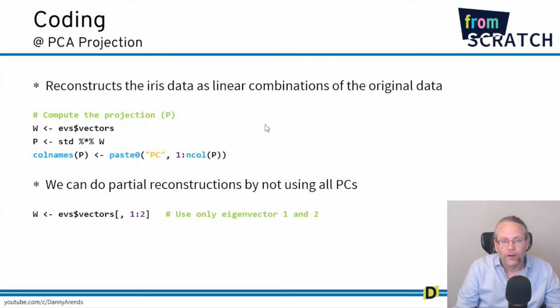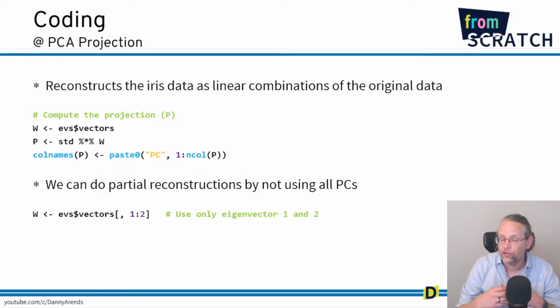The next step is that we can do a partial reconstruction, right? If we are thinking about compression, then instead of storing the original matrix, we can store part of the principal component matrix.